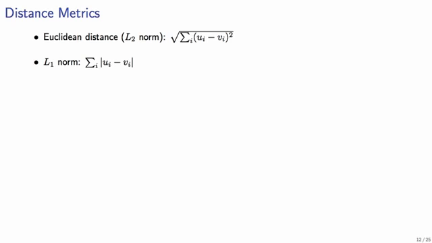The L1 norm is just the sum of all the absolute differences, and this is also called the Manhattan distance. The L infinity norm takes the maximum over all the differences. It also has a special name, and that is the Chebyshev distance.